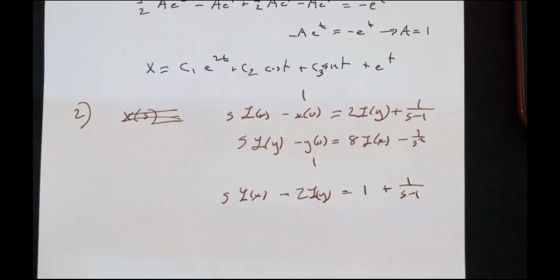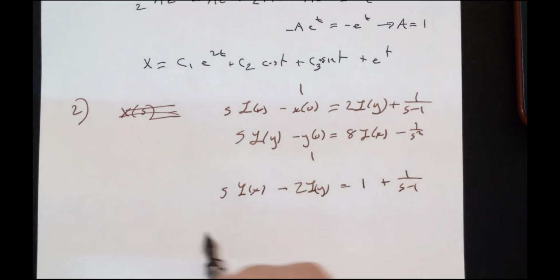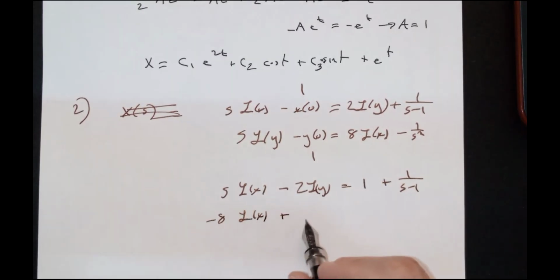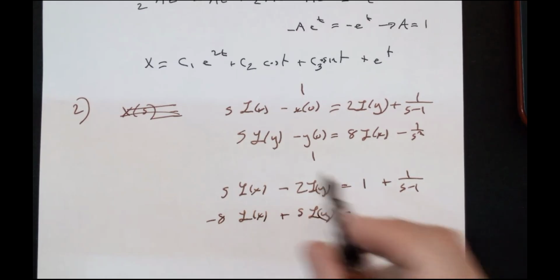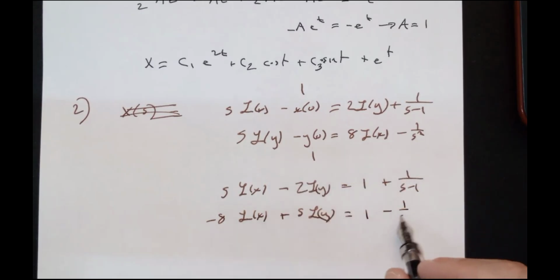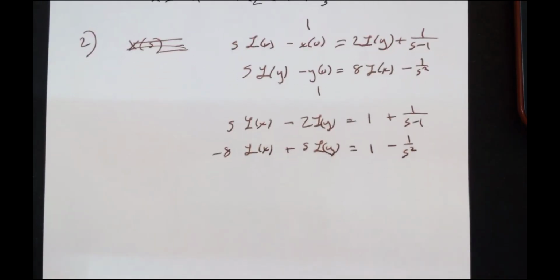Down here, I get negative 8 LX plus s LY equals, move the 1 over, minus 1 over s squared. So far, so good? Okay.